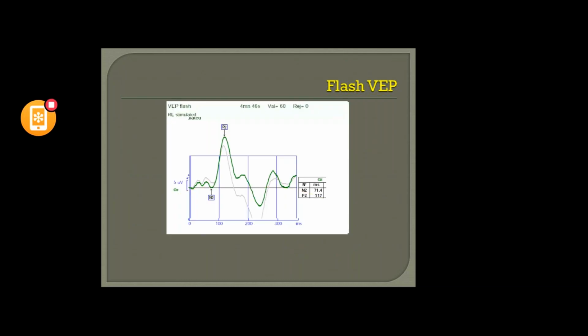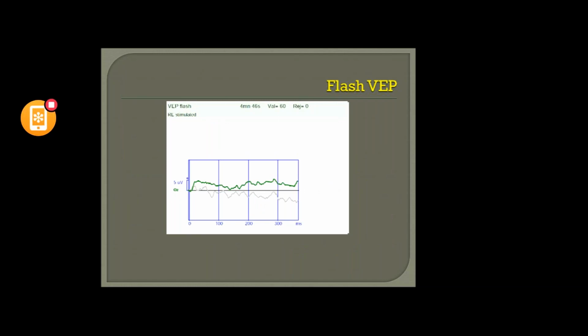Now coming back to a case, you see this waveform. The previous black one is pretty lumpy, bumpy in nature, and the latest one is not properly oriented as per the previous one. So this waveform is pretty extinguished and it is not at all reproducible.